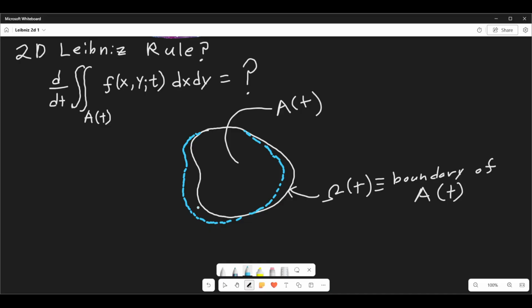And when it moves, it's going to move to a new location, and that's going to become omega at a new time, which is t plus delta t. So this is the boundary at a new time.